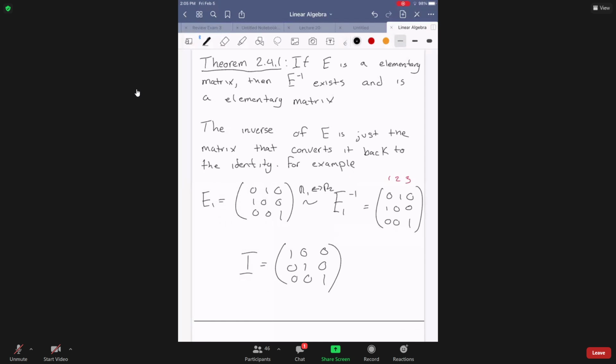Why? Because, like I said, the only way to transform this to this is if I interchange the first and second row, which is exactly what this matrix does, right? If you don't believe me, you can just multiply them together, and you'll get the identity, right?